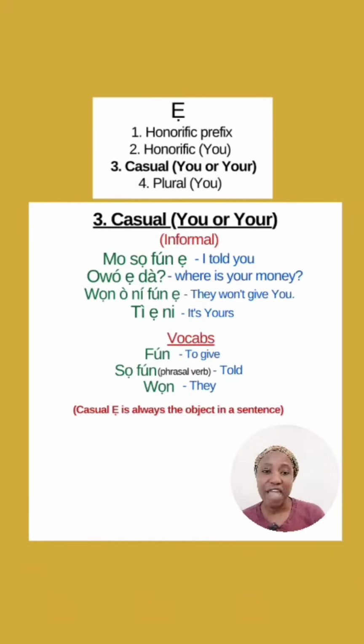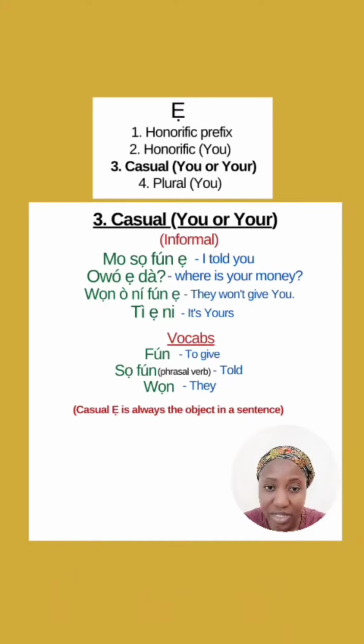Whenever ẹ here is used as an object, it is casual. If you want to ask this kind of question from an older person, you will have to use a different honorific pronoun, which we're going to cover.